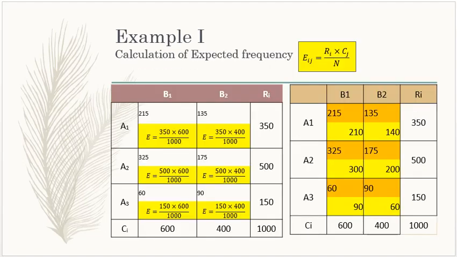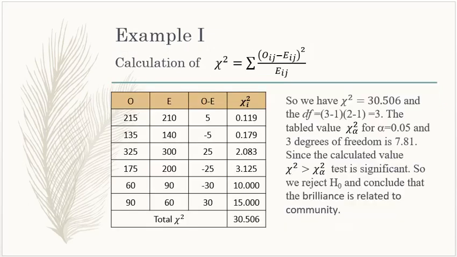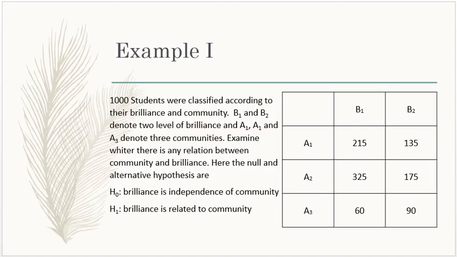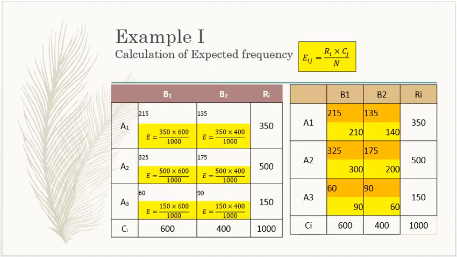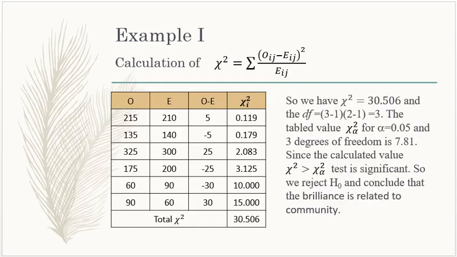Once you get the theoretical frequencies, you make a table of O and E, in which the first cell has observed frequency 215 and theoretical frequency 210. So that is written here: 215, 210 and 135, 140.